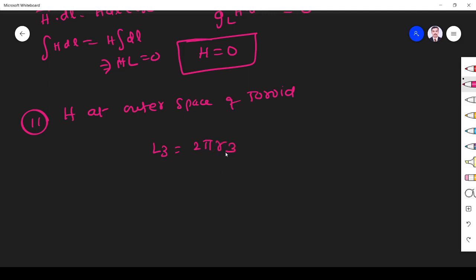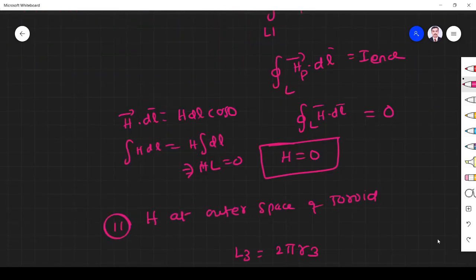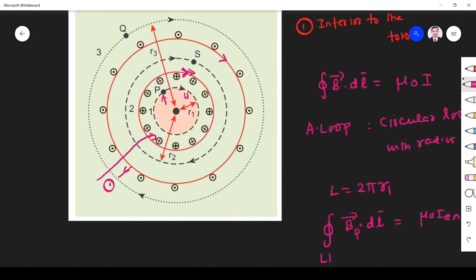Fine. So if I apply this to Ampere's circuital law, let us assume it is loop 3. Loop 3 is given by H dot dl is equal to I enclosed. So what happens here? Outside also the magnetic field is 0. Why?